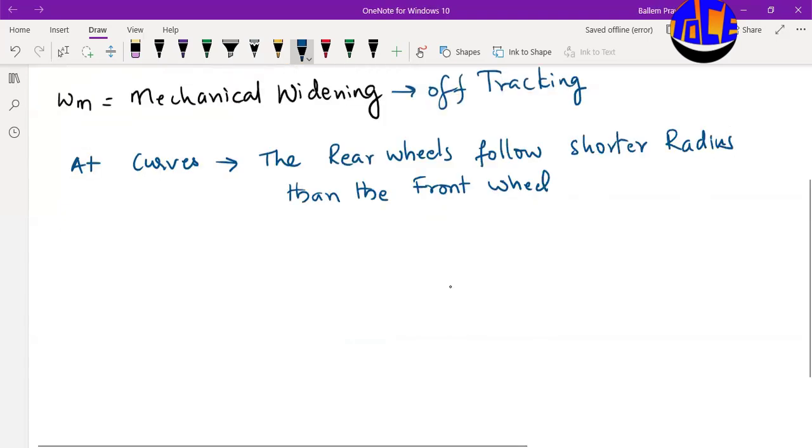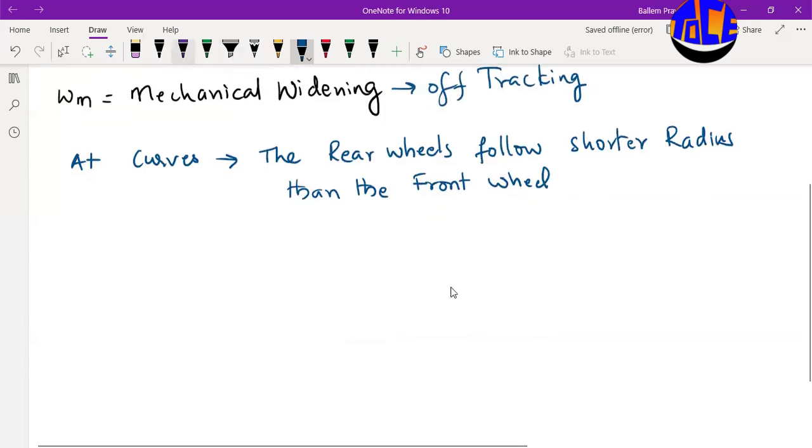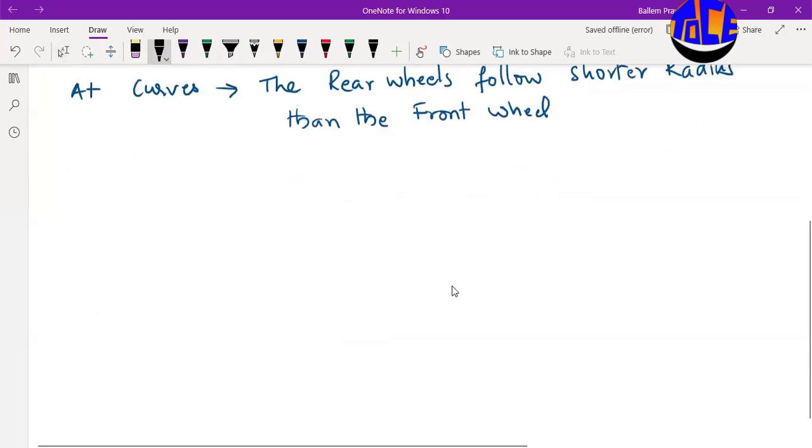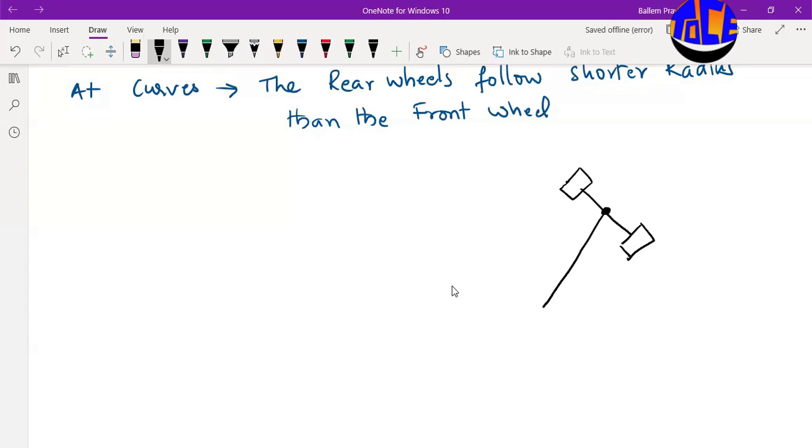Let us try to draw a diagram so that we can understand. At a horizontal curve, let these be the front wheels, here comes the center of the vehicle, and these are the rear wheels. This is how the vehicle goes at a horizontal curve.